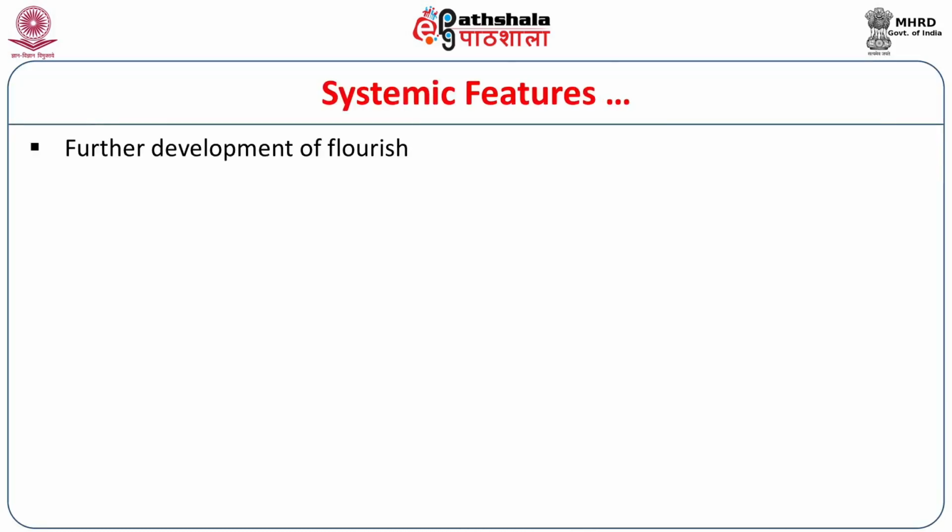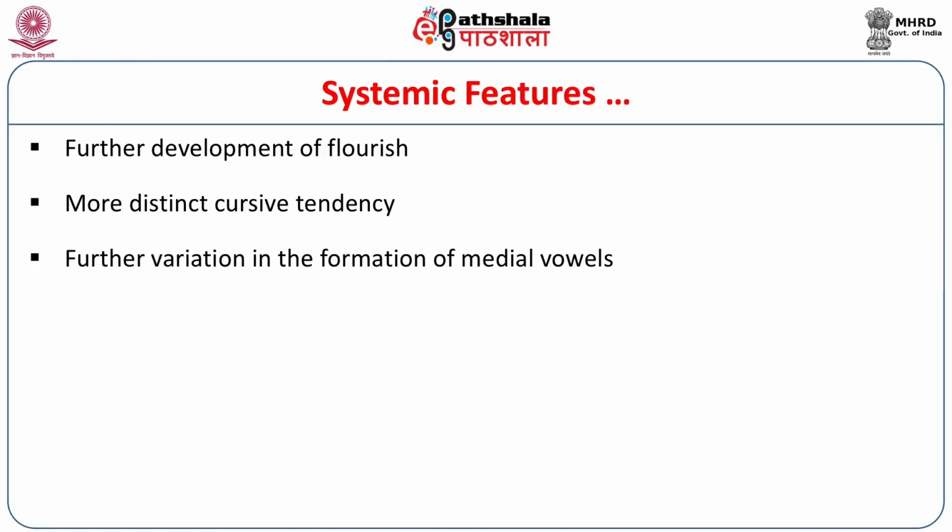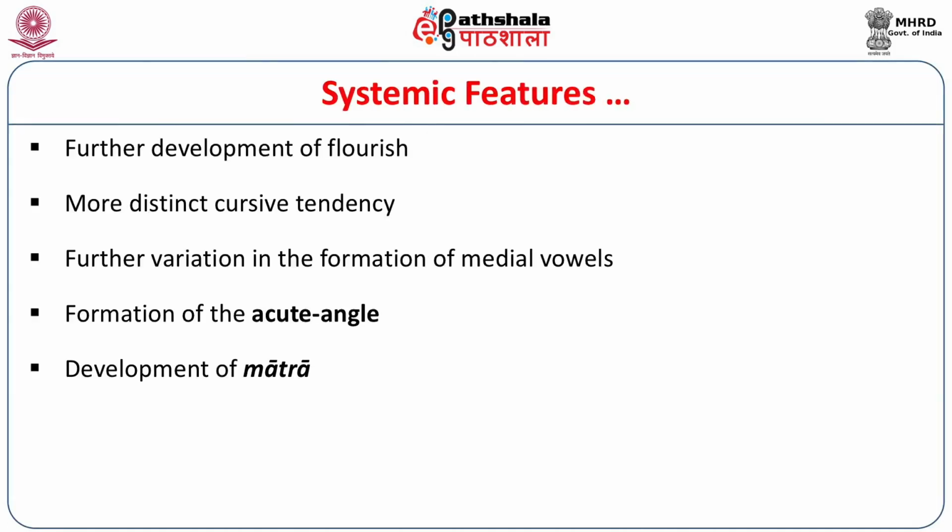Now, if we look at the systemic features of this script, we find further development of flourish that initiated in the Gupta period, more distinct cursive tendency, again further variation in the formation of medial vowels, a number of acute angles being formed at the right vertical angle of all the letters, the development of the matra, and also, nevertheless significantly, the introduction of the non-Indo-Aryan languages that necessitated the use of different new symbols for the script.